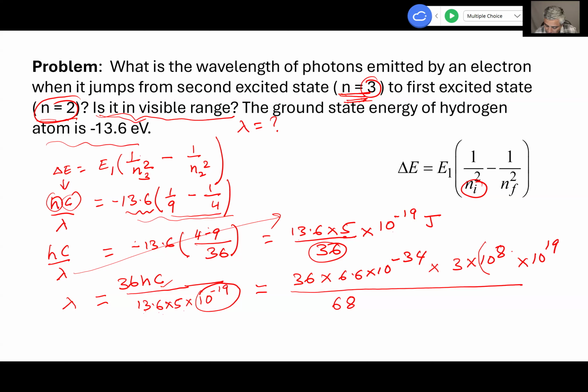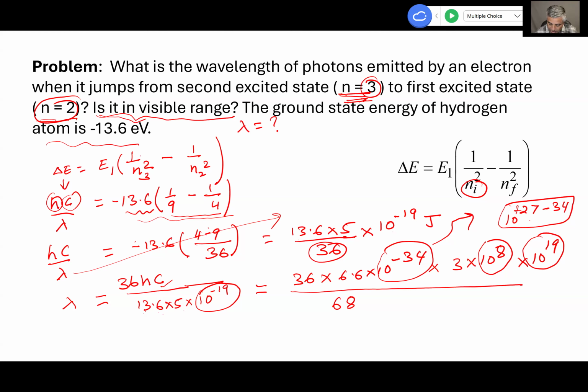Now, this is 10 to the power 8, this is 10 to the power 19, which means this is going to be 10 to the power 27 when we combine that. And then there is 10 to the power negative 34. So now the exponent is 10 to the power negative 7.